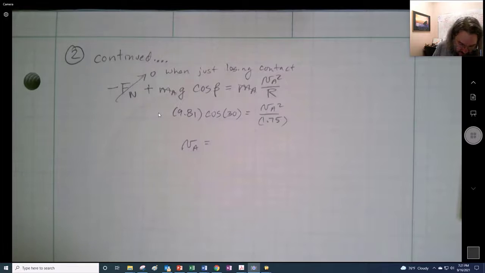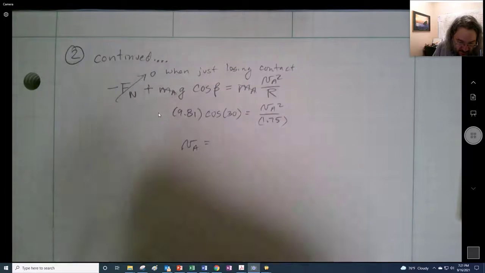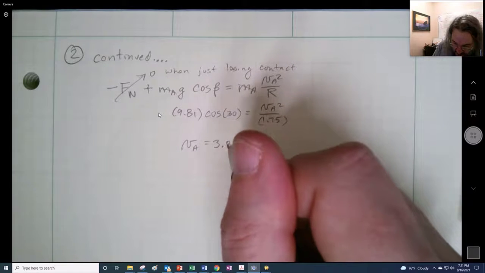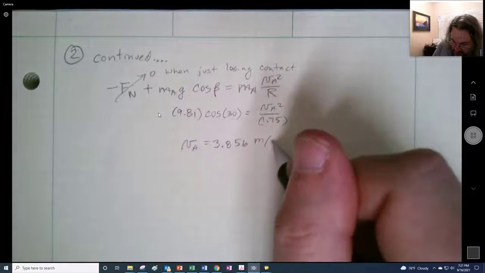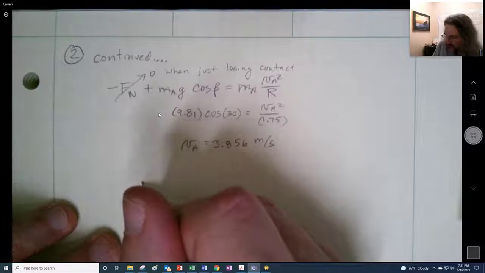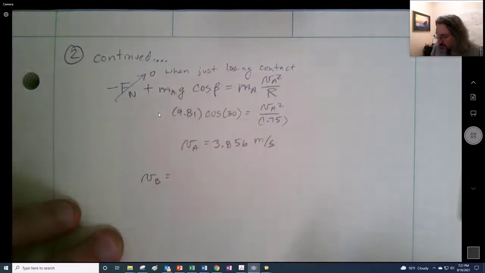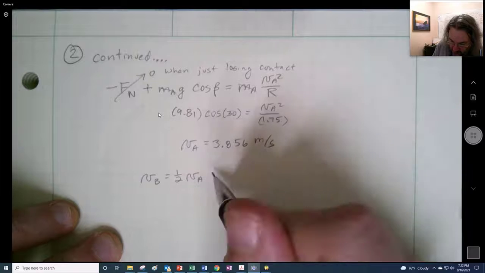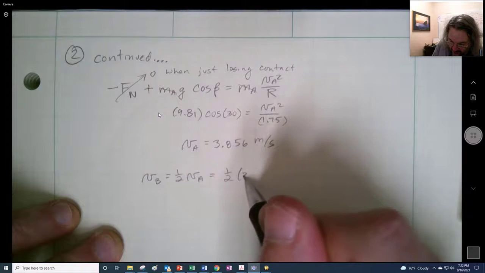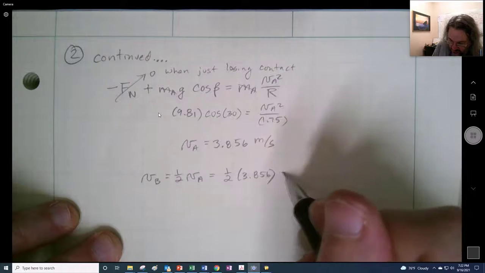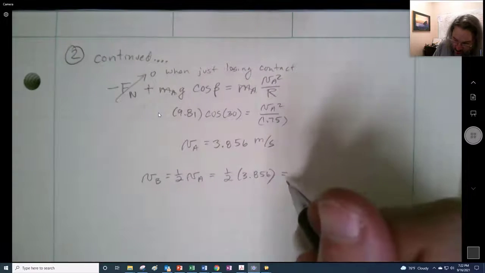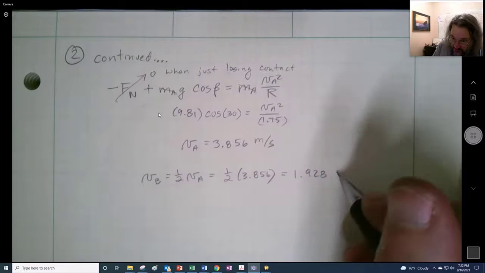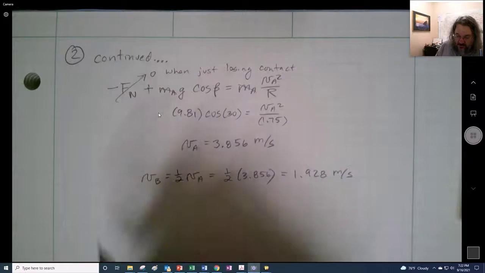We get 9.81 times cosine 30 degrees times 1.75, and then take the square root, and we get 3.856 meters per second. But we want vB, and vB is equal to 1/2 va. So 1/2 of 3.856 is 1.928 meters per second.